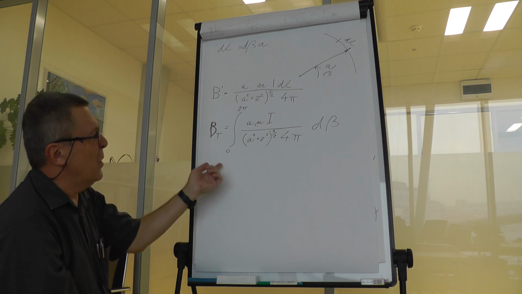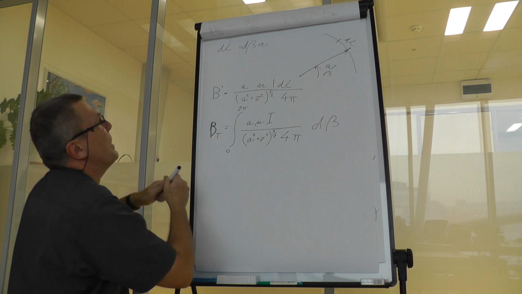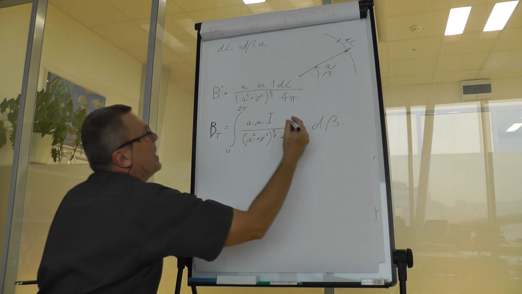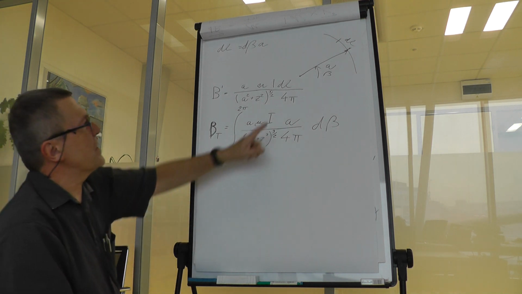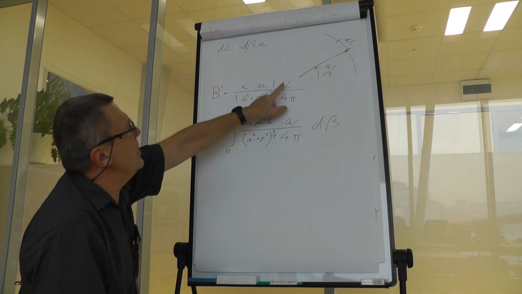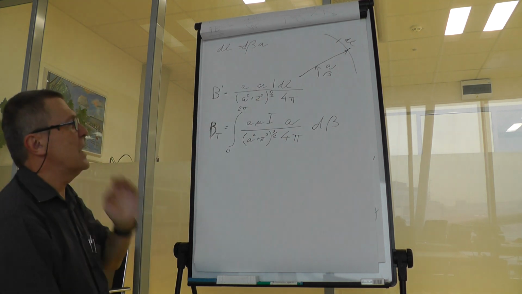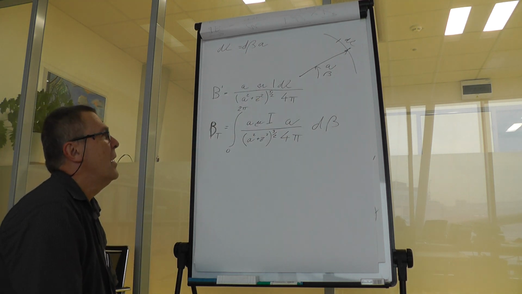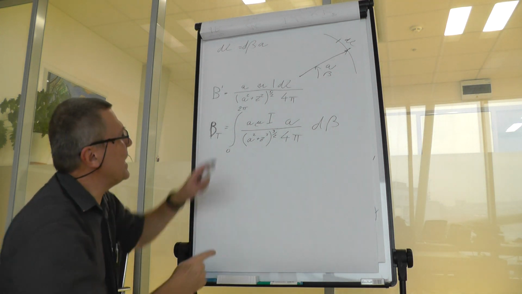And then we know that the integral of, oh, sorry, I made a mistake. I should put the a there, because the dl is a d beta. So this is the result. But the a is already here.